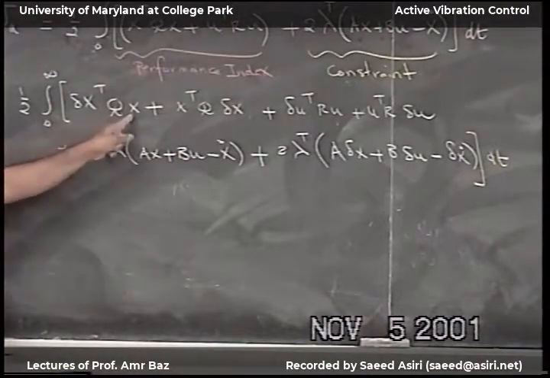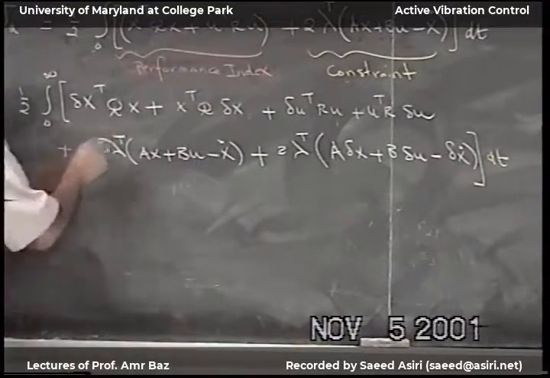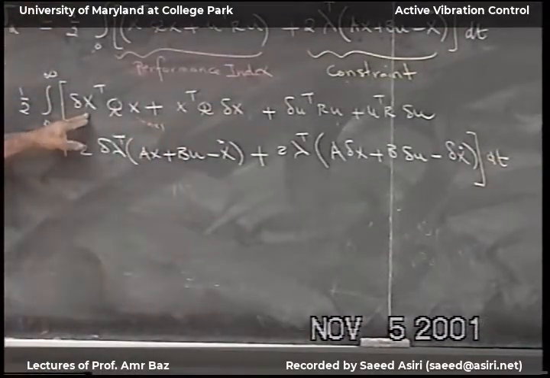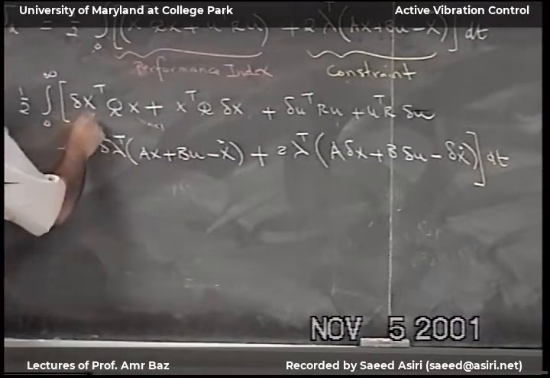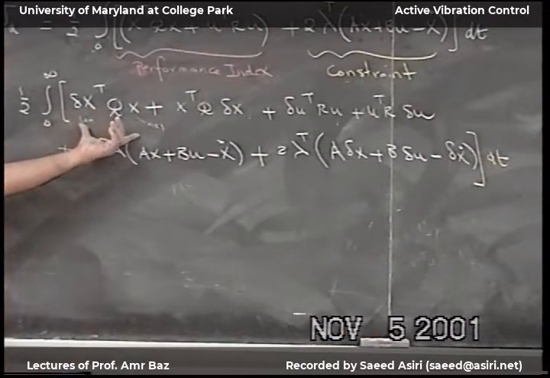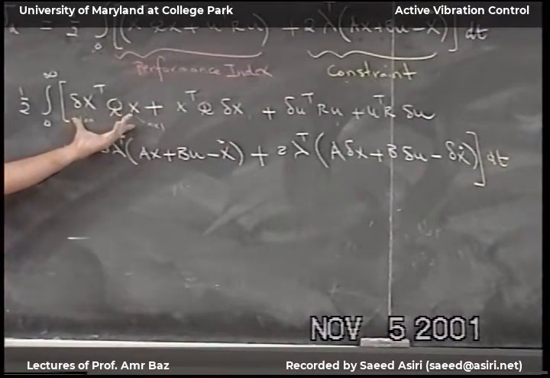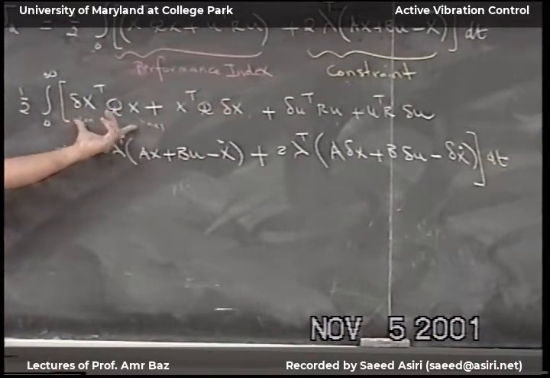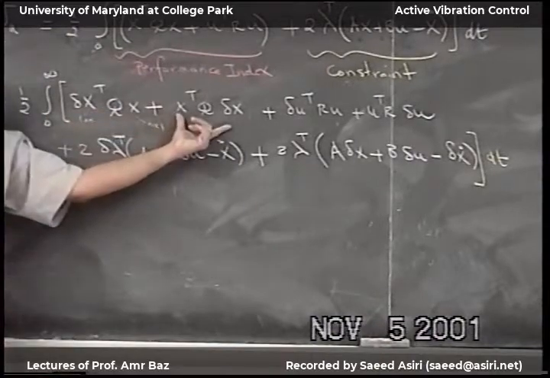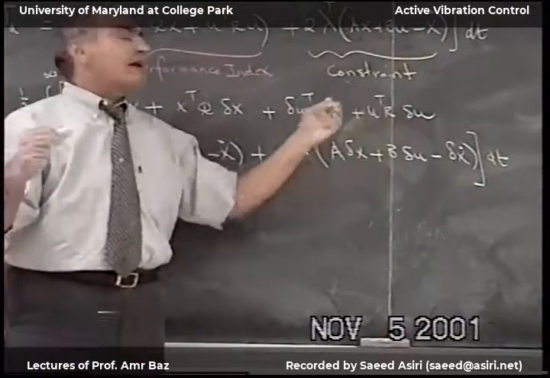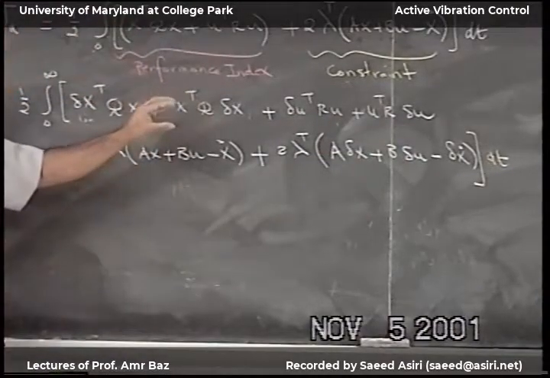Now the X is n by 1. The X transpose will be 1 by n. So this is a scalar. This is a scalar. So I can write it like this, or I can transpose it. The transpose of this will be exactly the same as this, because it is a scalar. Now if I transpose this, it will look like this. If I transpose this, it will look like this. So now I can group these times 2.